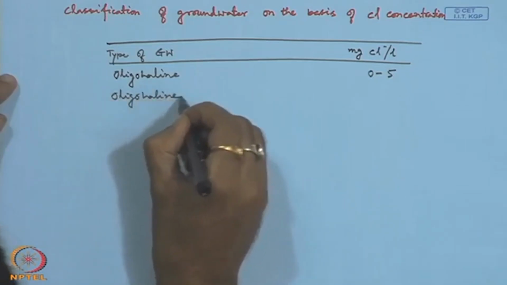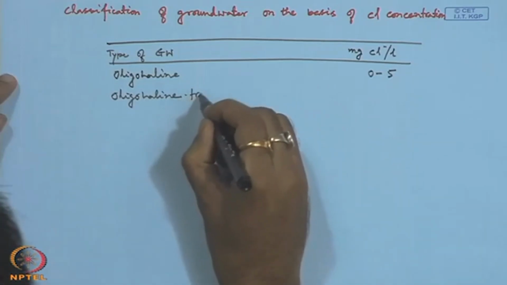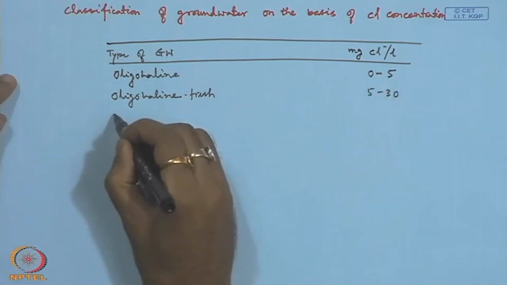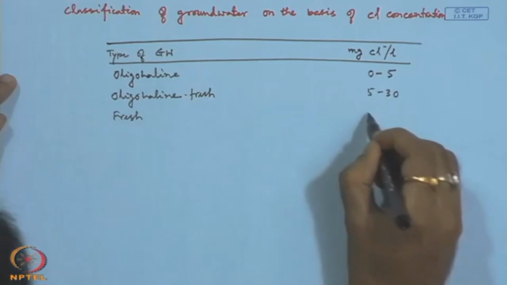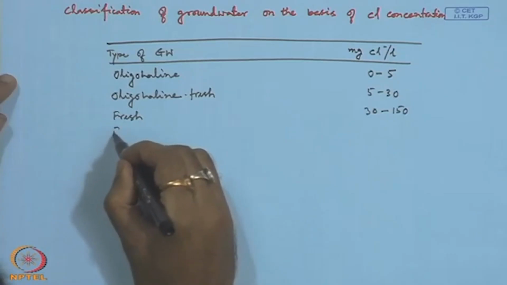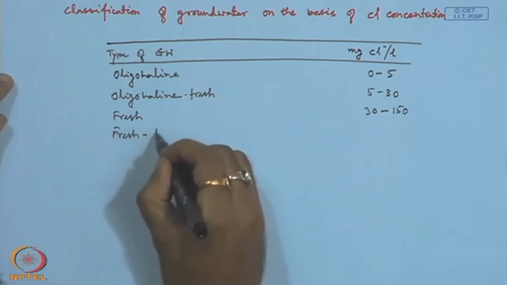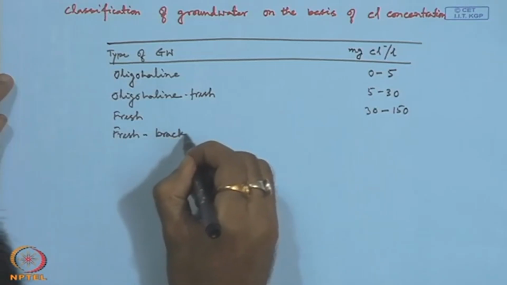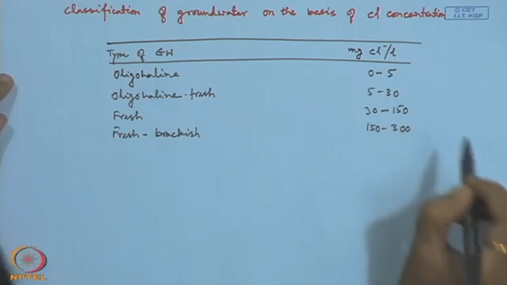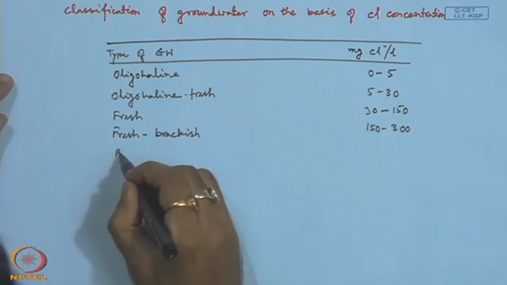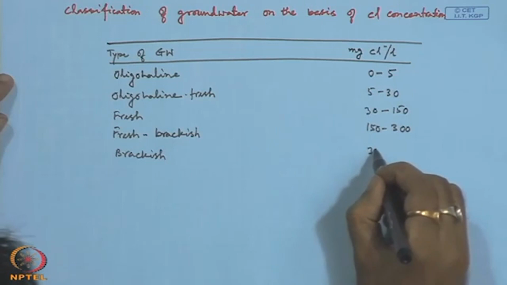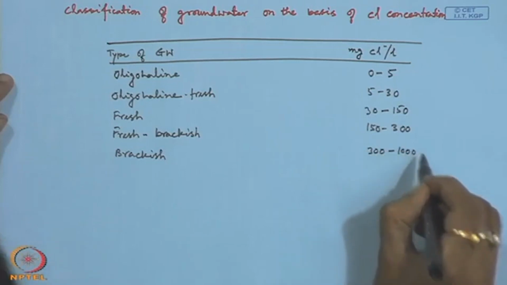Oligohaline fresh, we have 5 to 30, then fresh, 30 to 150, then fresh brackish, 150 to 300. Then brackish, 300 to 1000.